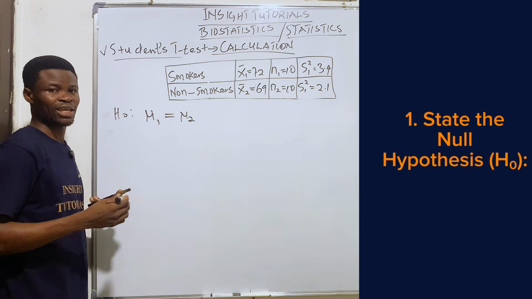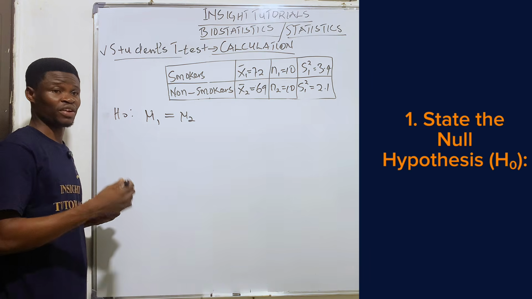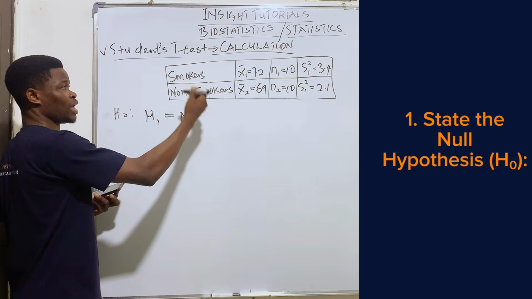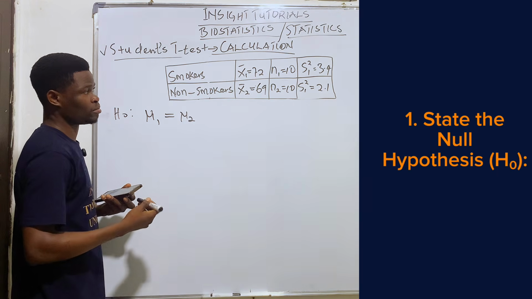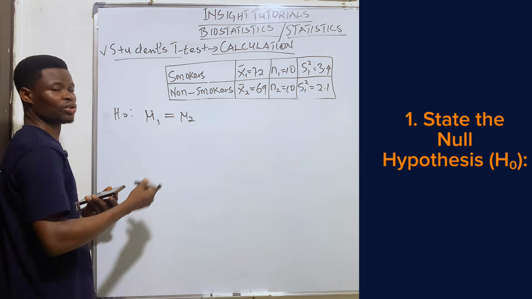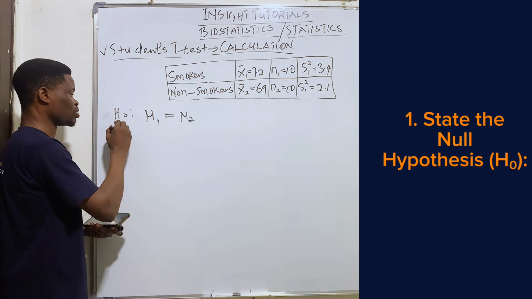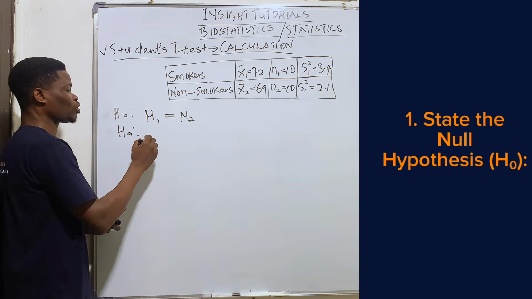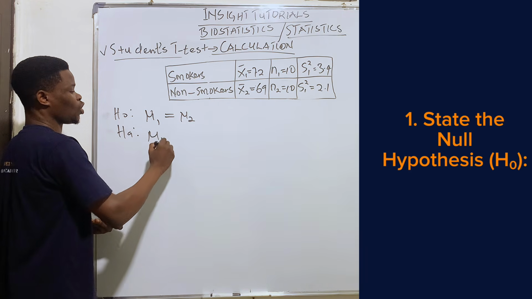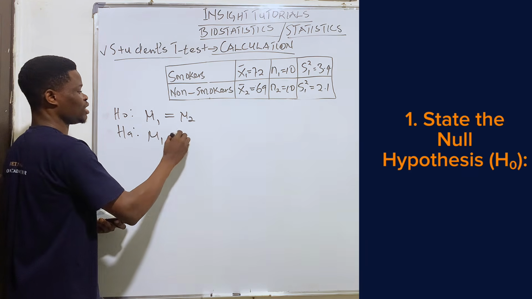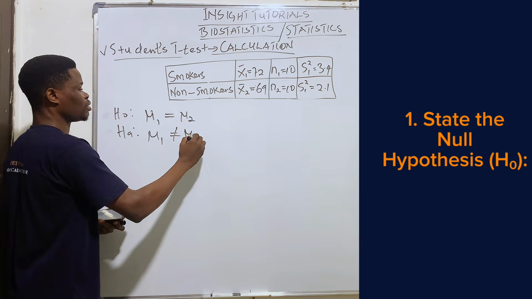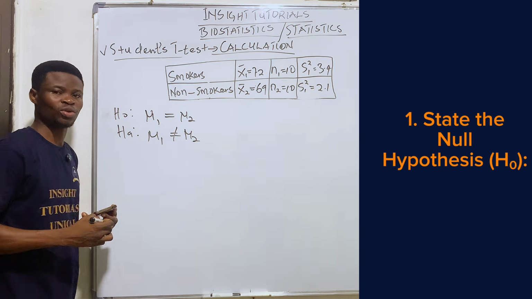Or you will say that there is no statistical difference between the average mean of the smokers and the non-smokers. That's what the null hypothesis says in symbol form. The alternative will say that the mean of smokers is not equal to the mean of the non-smokers.